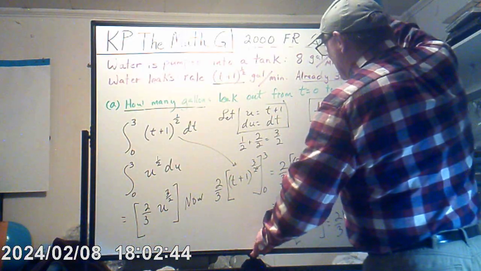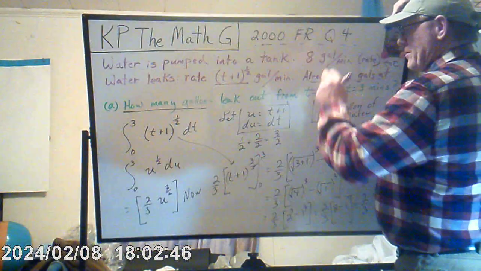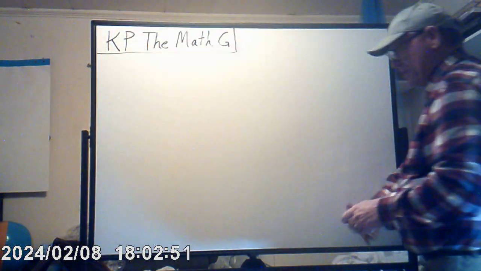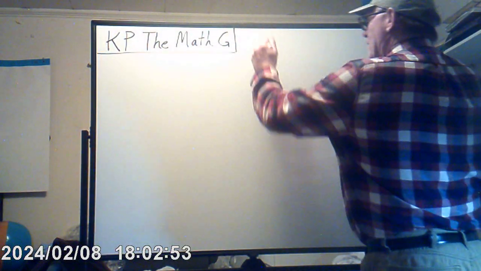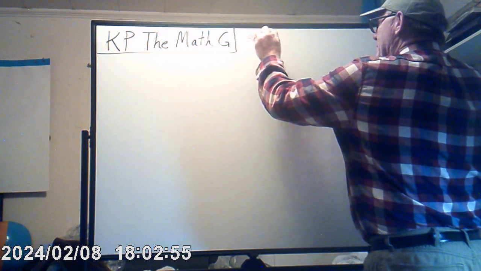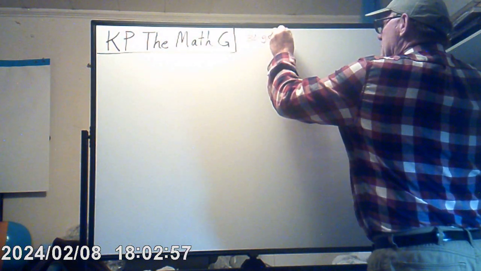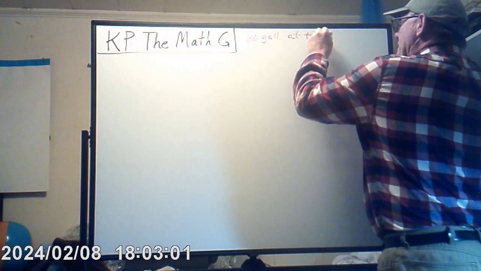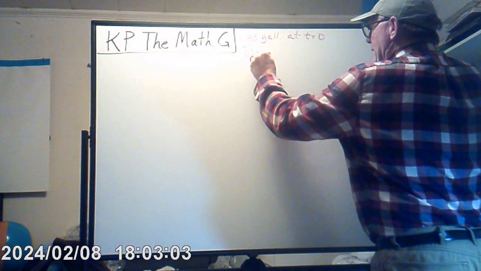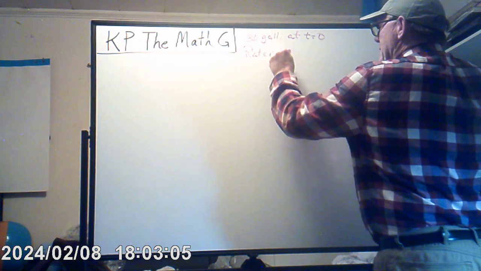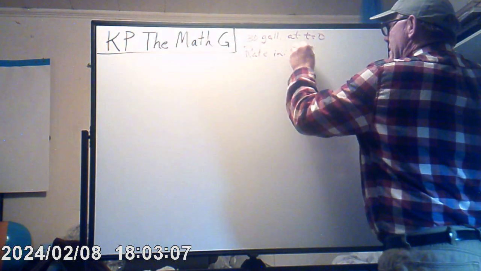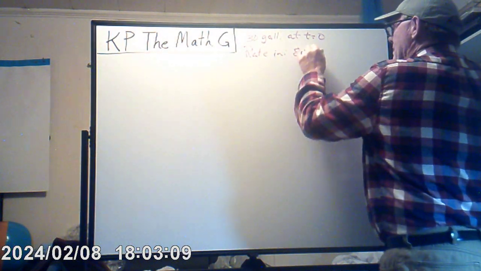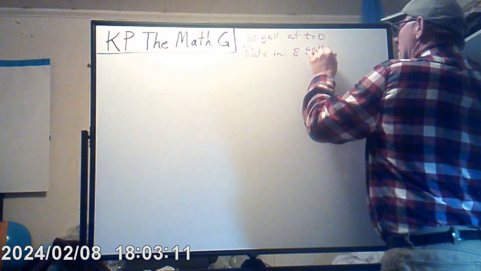Now, part 2. Let's look at that. I'm just going to turn the board over. Let's see if we can do part 2. Keep in mind there's 30 gallons already in there. At T equals 0, the rate in is 8 gallons per minute.